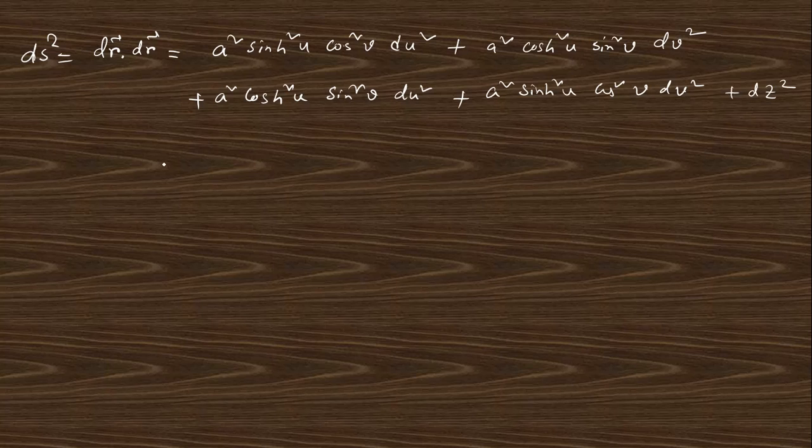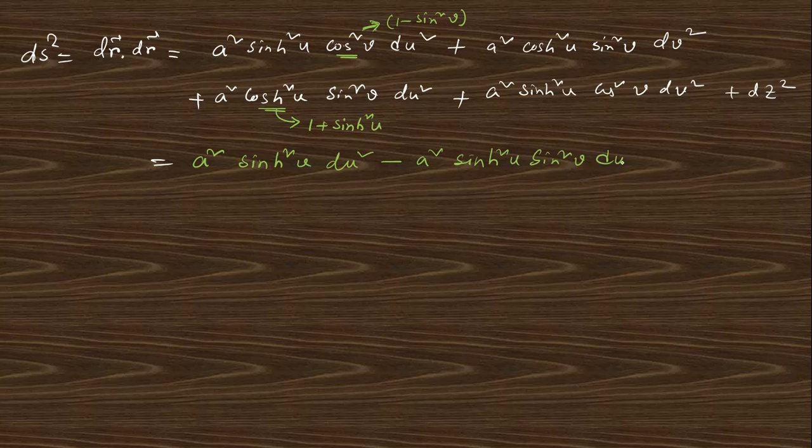dz square. Okay, these two terms can be changed as, so if you write this as a square 1 plus sin hyperbolic square u, and this term written as 1 minus sin square v, right? So if you change these two terms, then it will be a square sin hyperbolic square u into 1 minus sin square v. So this is 1, that is u square, and this term will be a square sin hyperbolic square u sin square v du square.